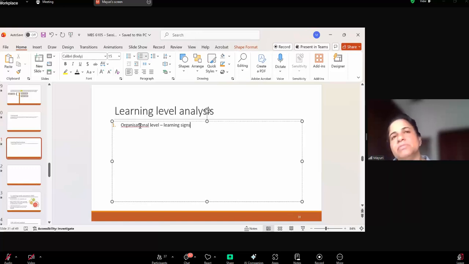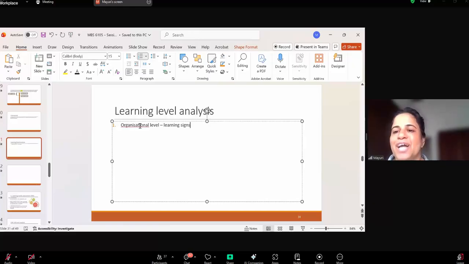For example, another example. Imagine they introduce AI. Right? So that is an organizational strategy change. Entire organization is having the skill gap. Now, ERP implementation.